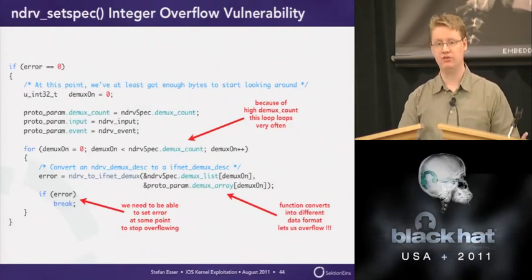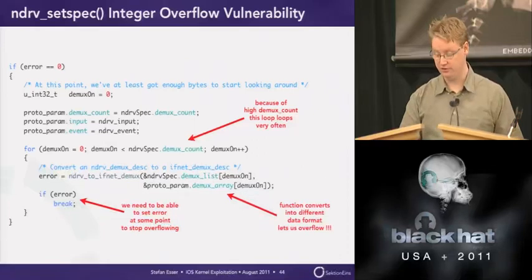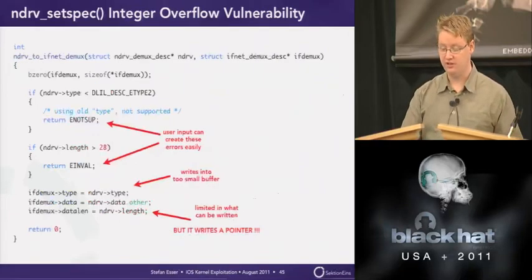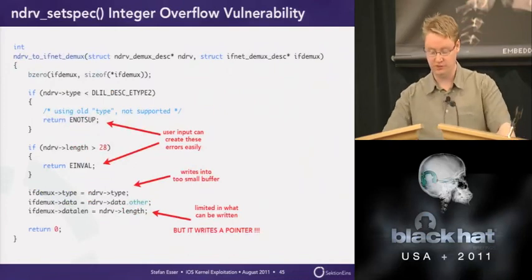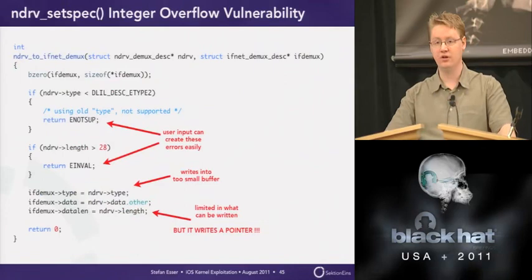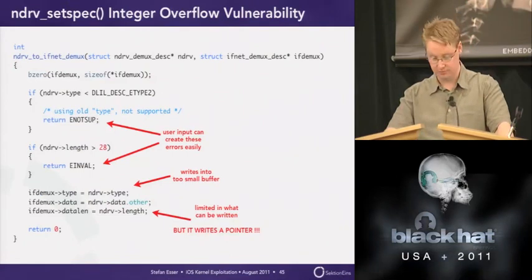So two things you want to know: what can you write, and can you break out of it? You look into this function, and it's quite easy to skip out of it, because there are two conditions that will exit the function immediately. If you don't want it to crash, just put these kinds of values there, and it will stop the loop.